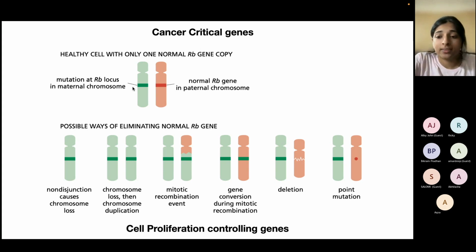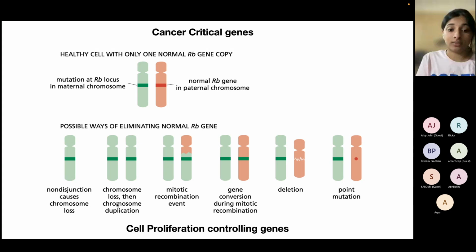Say there is a loss of this chromosome because of non-disjunction, aneuploidy, and because of which there is only one copy present, and that copy is also mutated. So this protein is not present to perform its tumor suppressive nature, because of which the cell is cancerous.